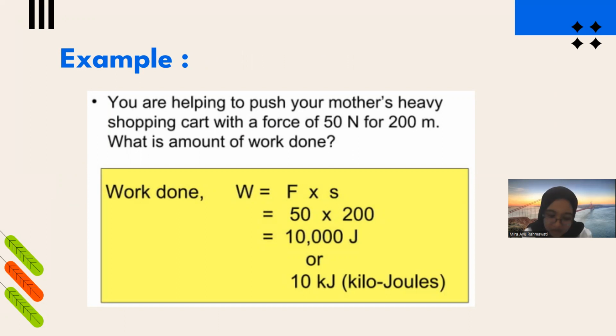Work done is W equals F cross S, same as 50 cross 200, same as 10,000 joule or 10 kilojoule.